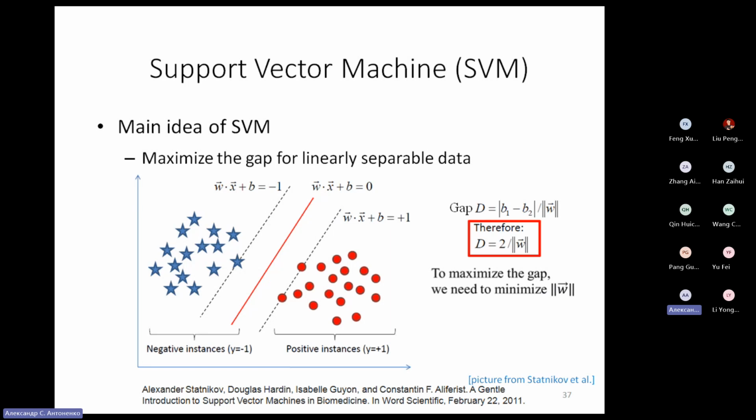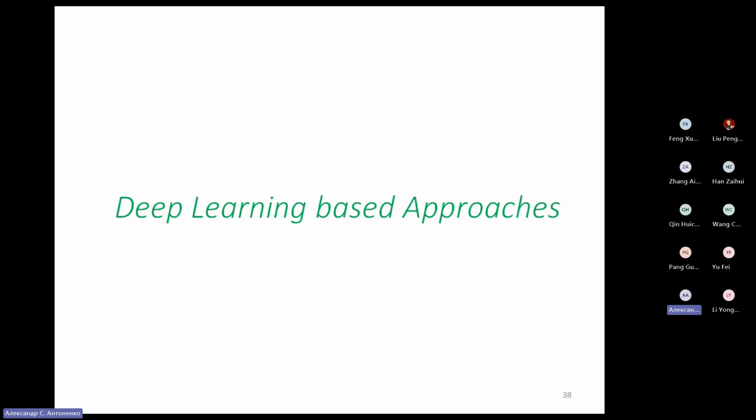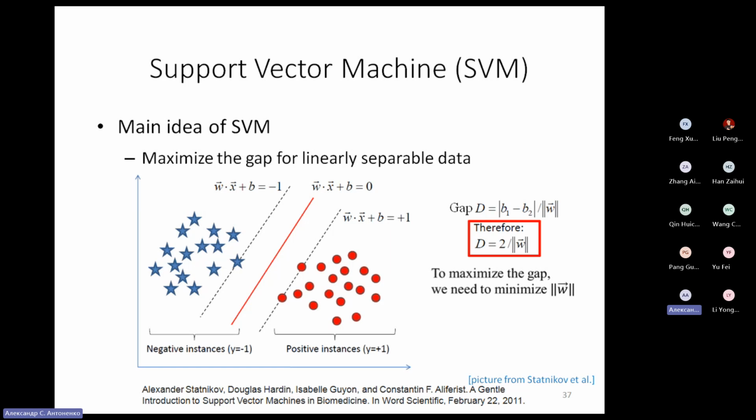I will only say that you can use support vector machines, or you can use K nearest neighbors, as I said earlier. But let's move to deep learning. So this was some traditional learning, and it was quite effective.